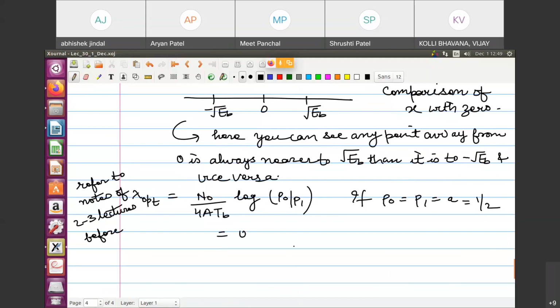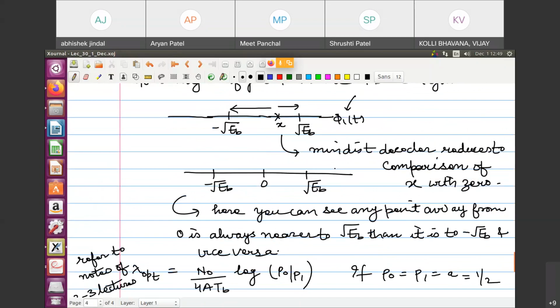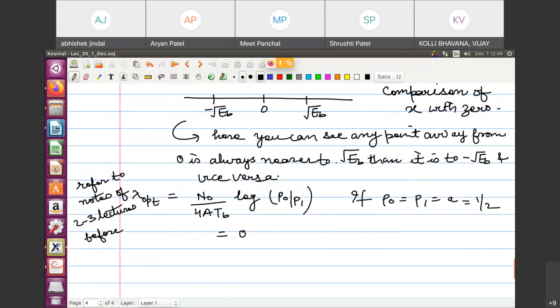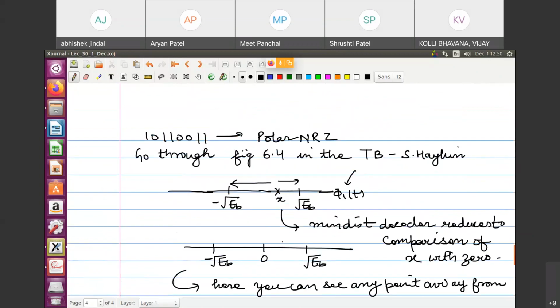So anyways, when you designed the ML decoder, you assumed that the symbols 1 and 0 are equiprobable. So in that case, your ML decoder comes out to be 0. But let us say there is a case that they are not equiprobable, then you have to find the lambda opt as per this formula. Because this minimum distance decoder then is not optimal.